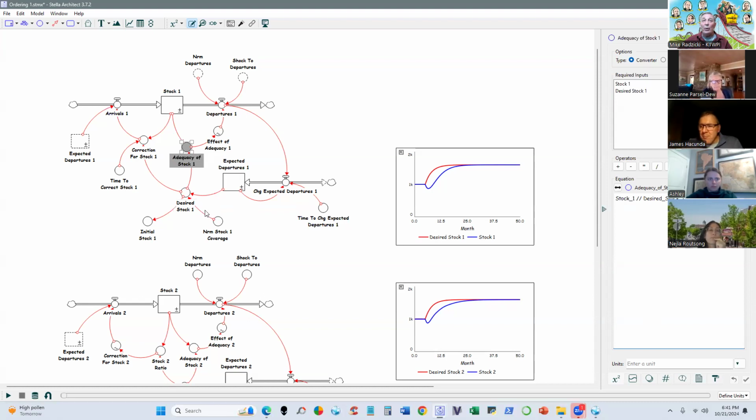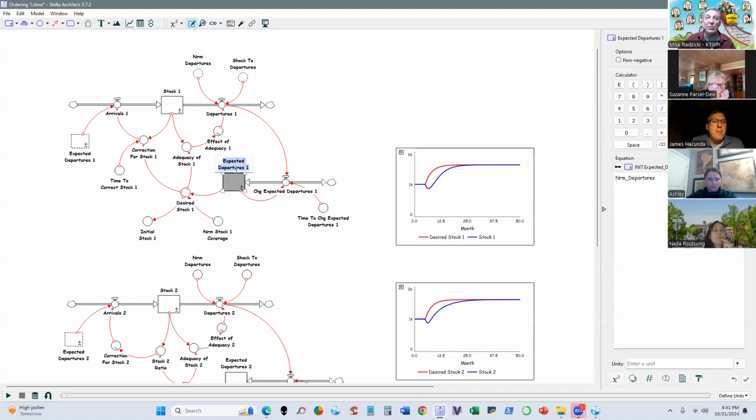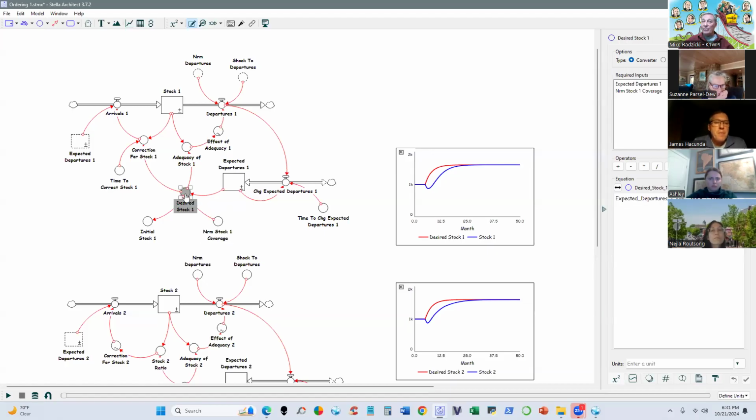By the way, where did we get desired stock from? Well, in the steady state error example, that was average sales. Now I'm calling it expected sales. That's that adaptive expectation structure from economics. So this would be in units per time. This is in time. So units per time times time is units.